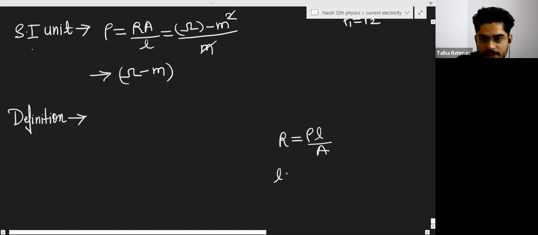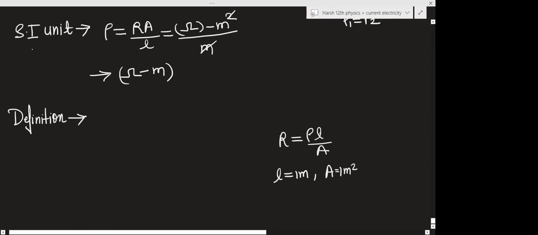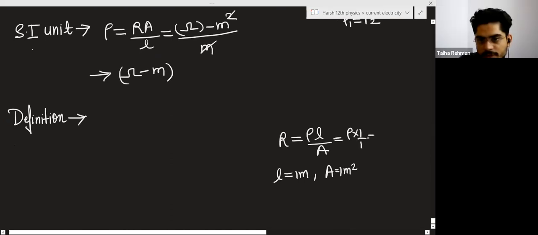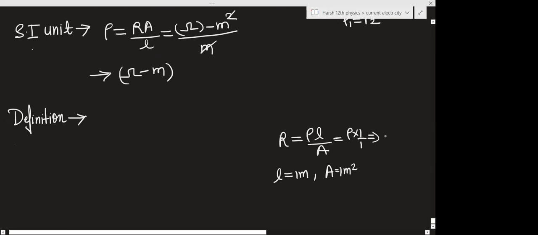If you take a length of 1 meter and an area of 1 meter square, and put the value in, rho into 1 divided by 1, the resistance becomes the resistivity.